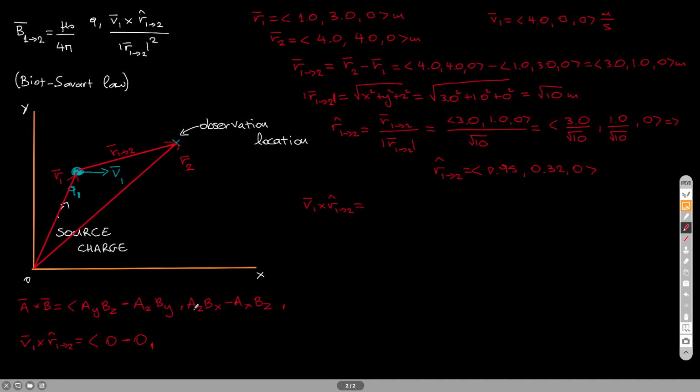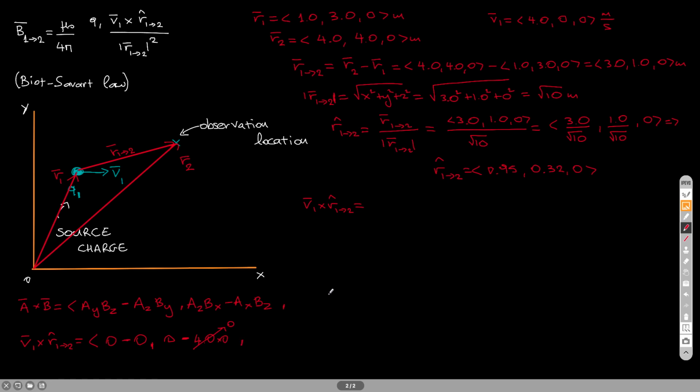The z component of A is 0, so this product will give me 0, minus Ax, the x component of A, which is the x component of V. Oh, this one is not 0 this time, so I do have a number that is not 0, Ax times Bz. Now this is the z component of the vector B. That means I need to use the z component of the vector R hat. But the z component of the vector R hat is 0. So that product is 0 as well.